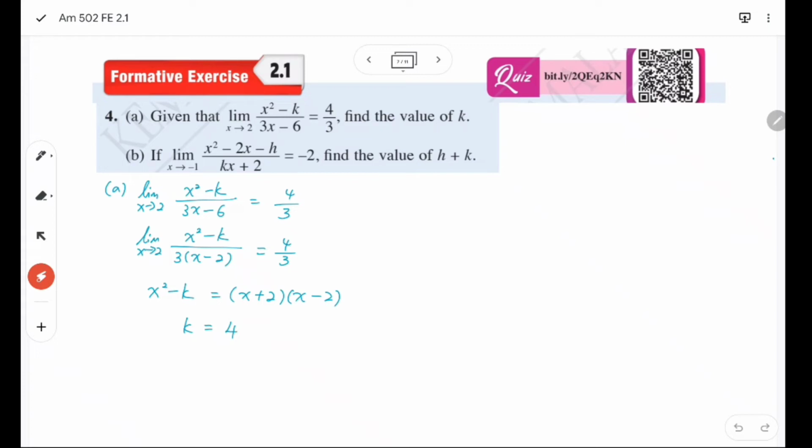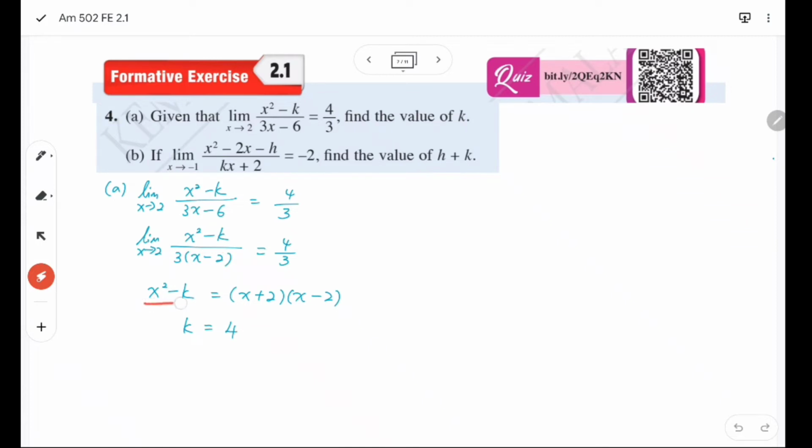So we can guess that this is actually something of 0 over 0. Okay, so we need to do factorization and cut off the common factor, right? So we try to factorize out the 3x minus 6. We get 3 times x minus 2. So this must have a common factor with x minus 2.